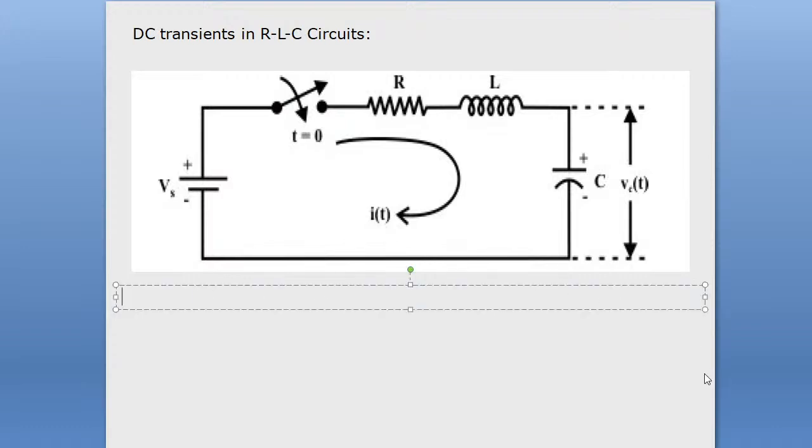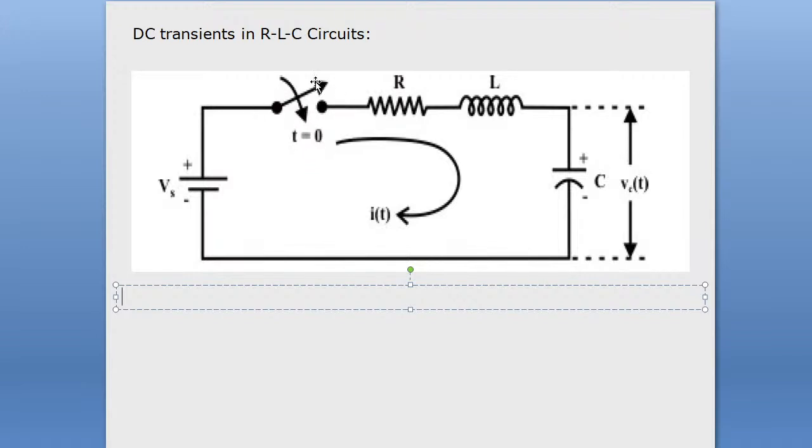Let me tell you one thing. You see, there is a switch between the supply voltage and one terminal of the resistor. This switch is connected at t greater than 0, slightly greater than 0.